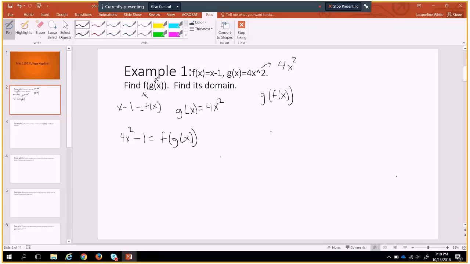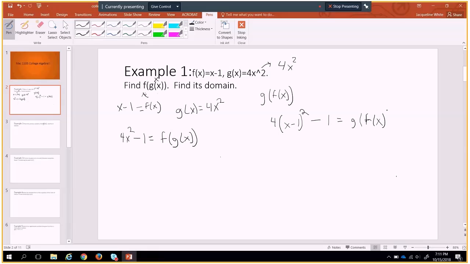We know that g of x is equal to 4x squared and f of x is equal to x minus 1. So we're going to have 4 times x minus 1 squared minus 1, and that's going to be equal to g of f of x.